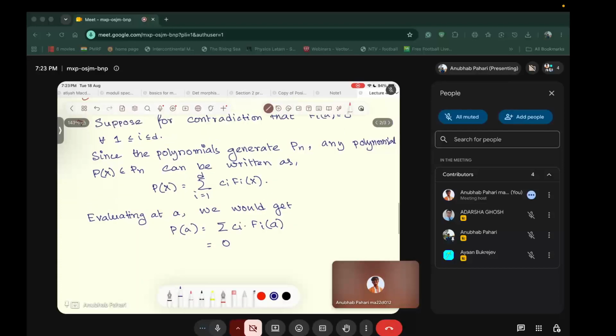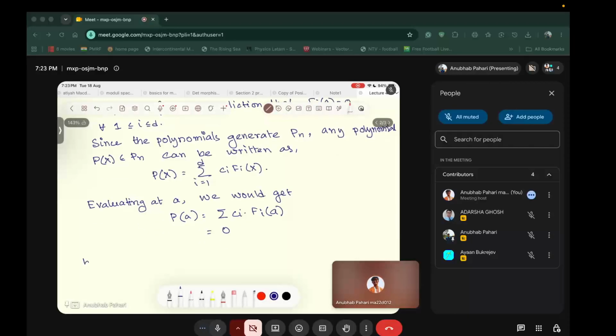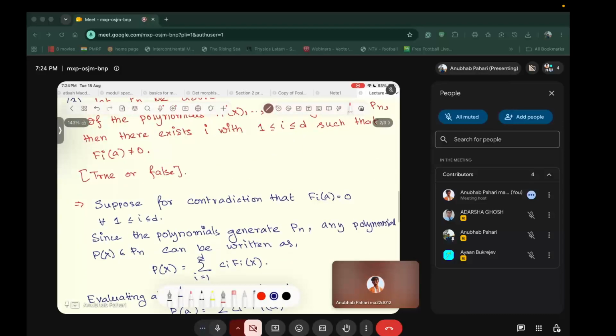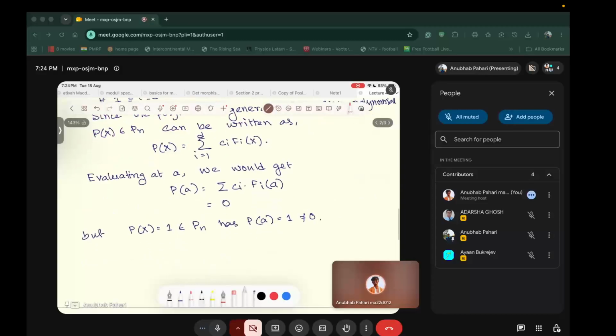But what we are claiming is that for every n and for every polynomial from Pn, P(A) is 0, right? But the constant polynomial P(x) equals 1 is contained in Pn, and it has P(A) equals 1, which is not equal to 0, a direct contradiction to our assumption that phi_i(A) is 0. Therefore, the claim is false.